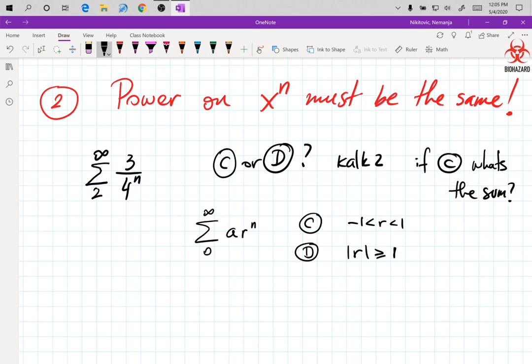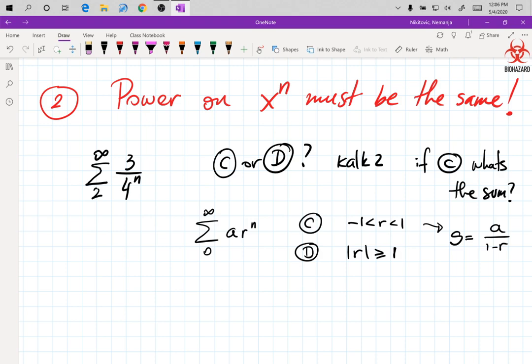This is the easy way to write anything else. Now, if it's convergent, you can calculate the sum as a over 1 minus r.